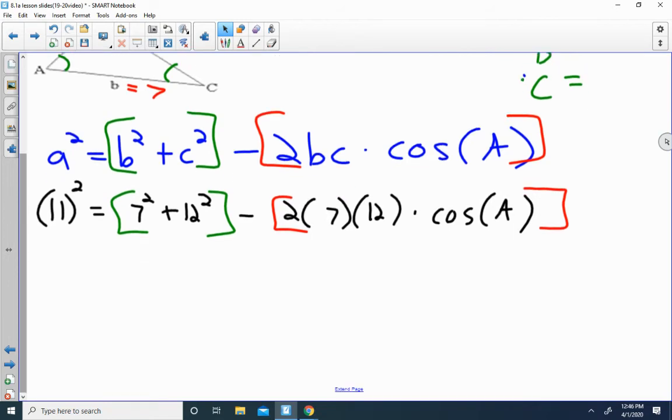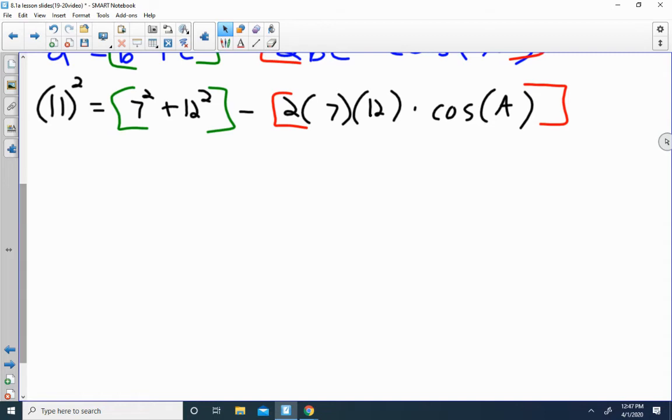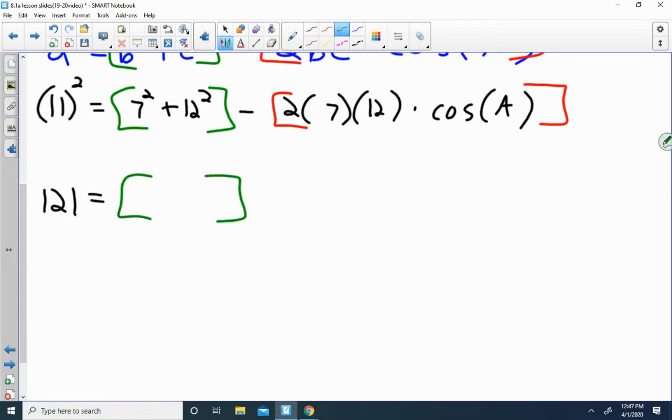Let's do the chugging. So first, let's do 11 squared, which is going to be 121. And then I'm going to go ahead and get the brackets set up again. I'm going to just do 7 squared plus 12 squared.